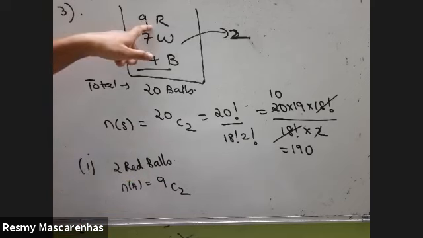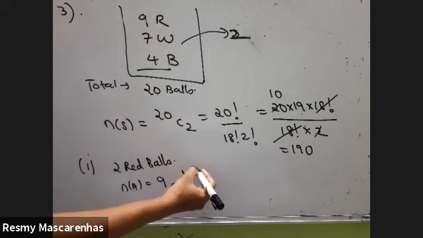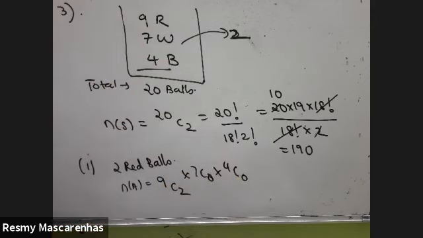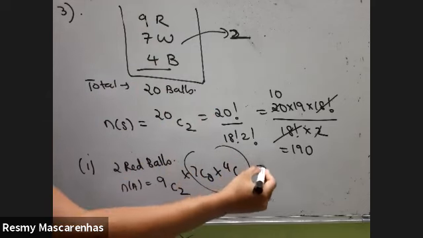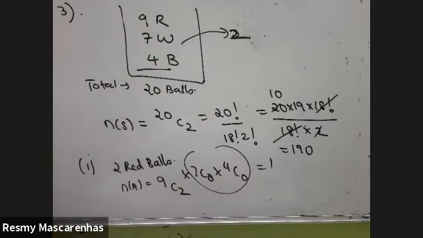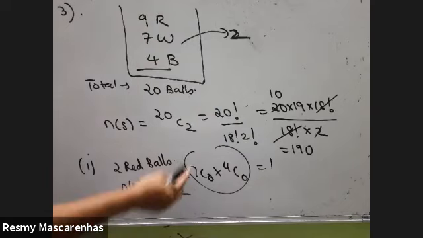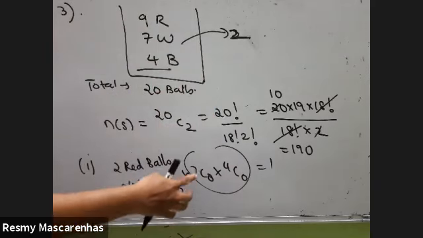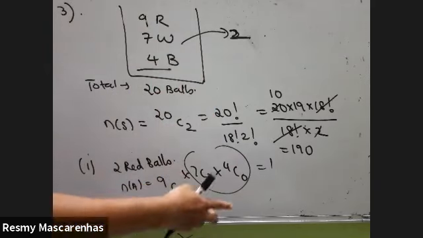9 options available from there, and remaining will be 0. It's like 7C0, and from black we are picking 0. Not required, that value is anyways 1. The moment this is complete, numerator should match this, that's when we are picking many balls.